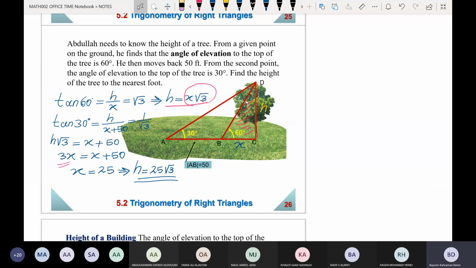Then when you solve for X, you will get X equals 25. If X is 25, then H will be 25 times √3. That is the height of the tree, Shabab.